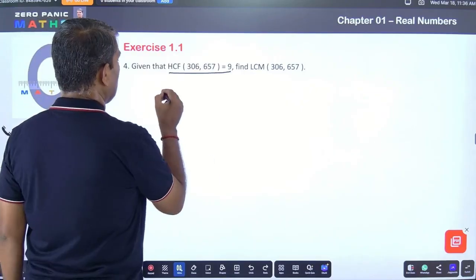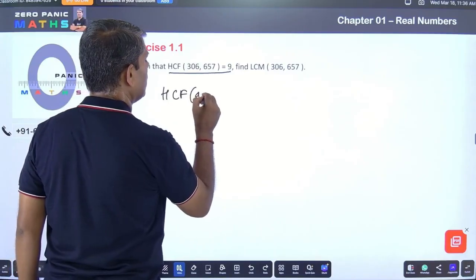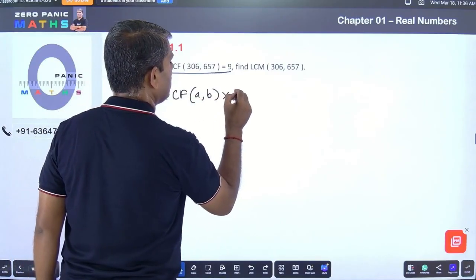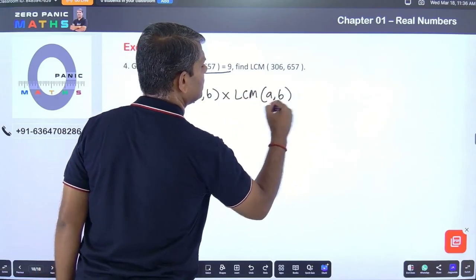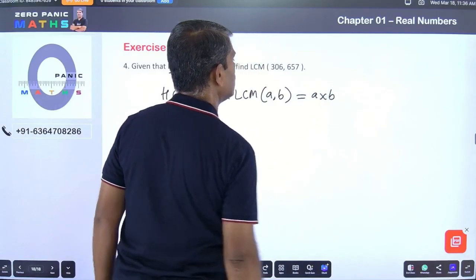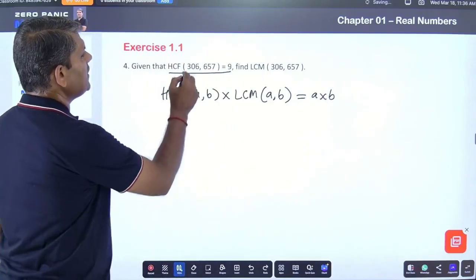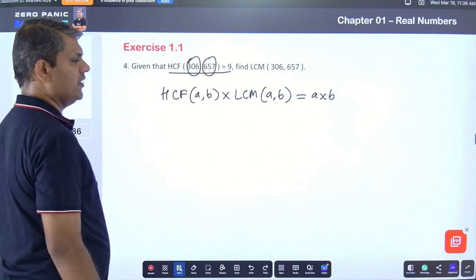We know this formula: HCF of A, B multiplied by LCM of the same two numbers is equal to the multiplication of the two given numbers, where A is 306 and B is 657 for us.